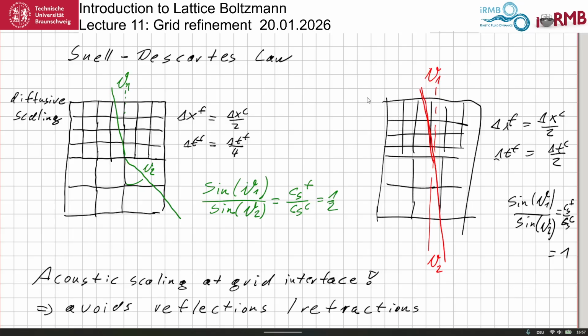But if you have a vortex that fits on the fine grid and does not fit on the coarse grid, then this vortex has, because of how vortices are physically built up, a pressure dip, a pressure minimum in the center due to the centrifugal force.